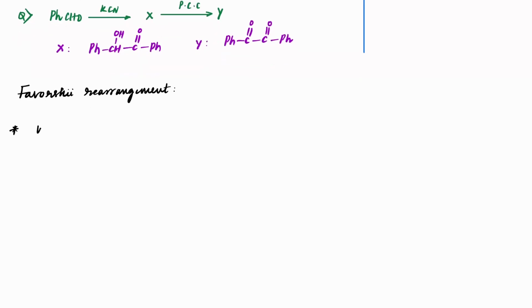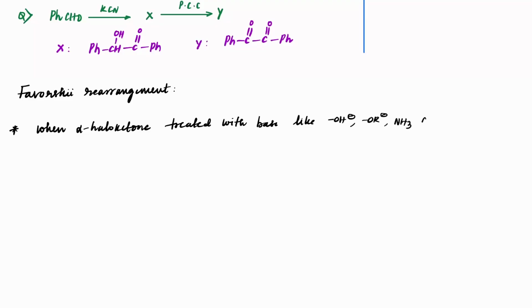The condition here is when we have an alpha-haloketone that is treated with a base like OH minus, OR minus, NH3 and amine derivatives.